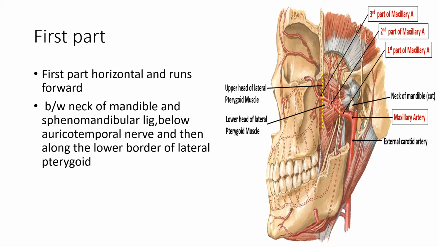So here this is the first part of the maxillary artery, and it lies along the lower border of the lateral pterygoid.